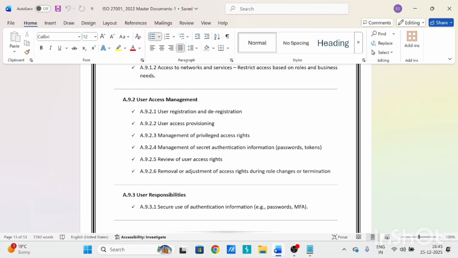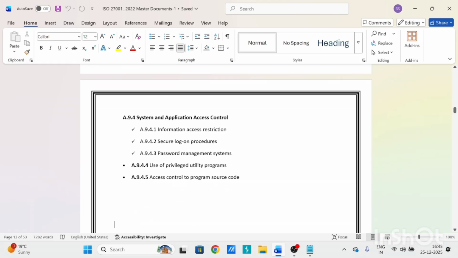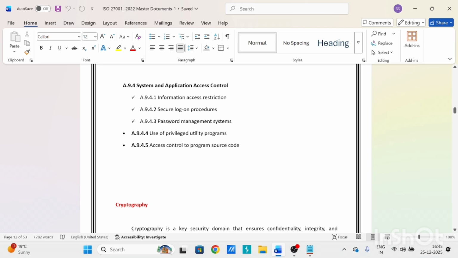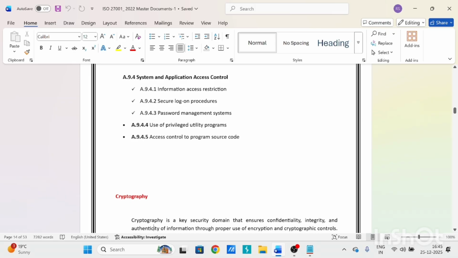What are the user responsibilities? Secure use of authentication information, for example passwords, MFA, and system and application access control: information access restrictions, secure logon procedures, password management systems, use of privileged utility programs, and access control to program source code. This is the complete nature of access control till 9.5.